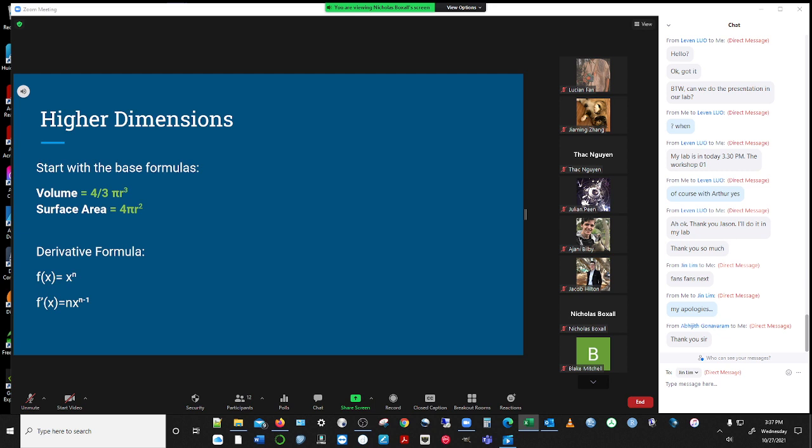Proof in higher dimensions. Now, to prove that this relationship still occurs in higher dimensions, we're going to look at how it's still a first derivative. So we'll start with the base formulas of a sphere, which are volume and surface area, and then we're going to take the derivative formulas down the bottom of the screen.